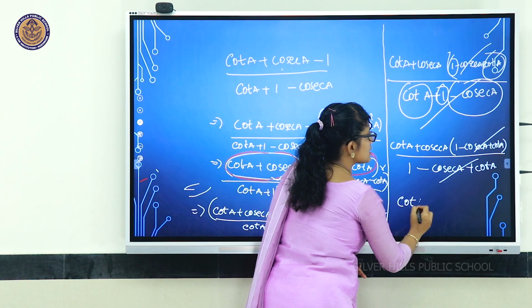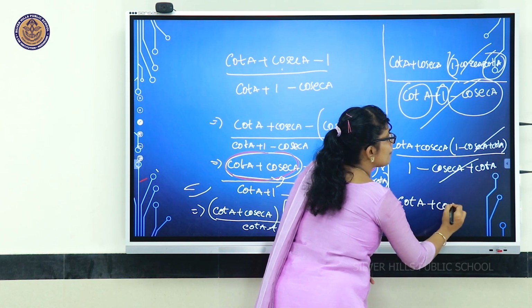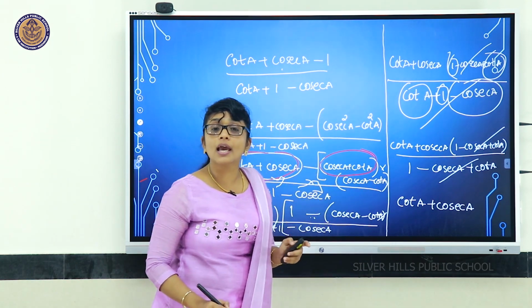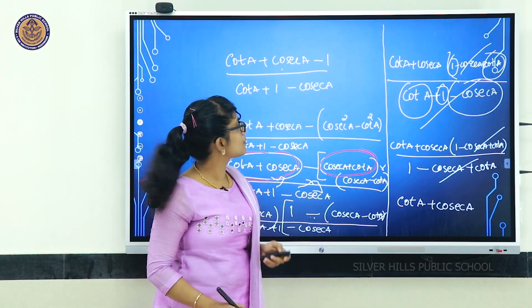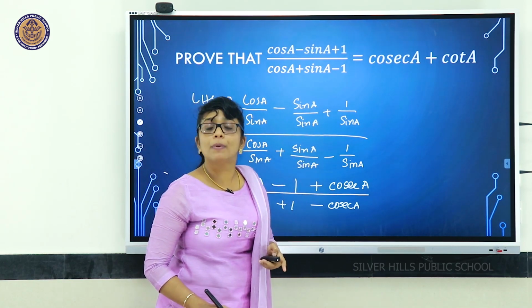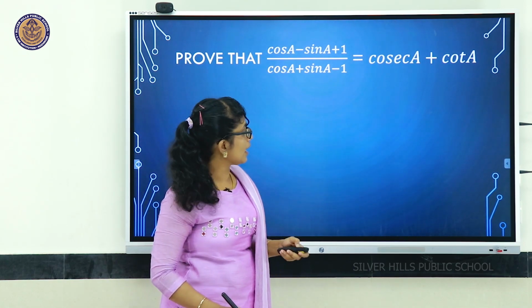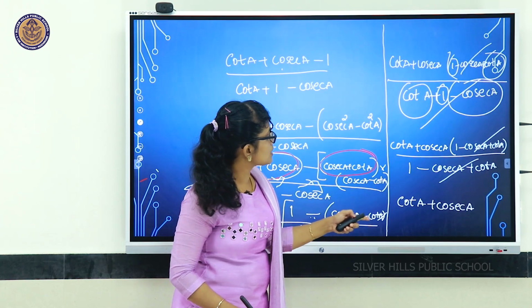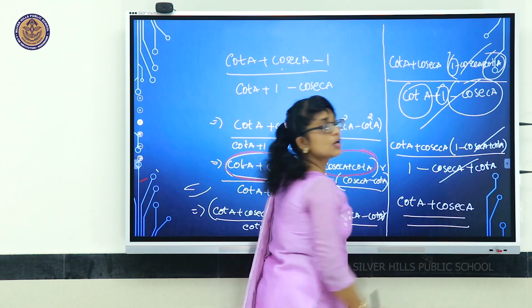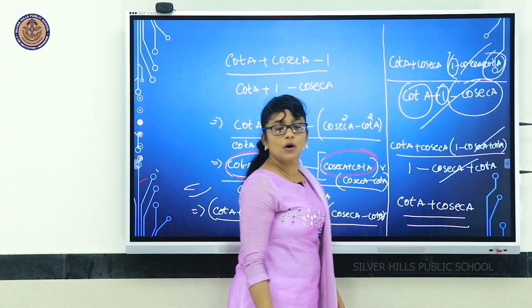So what is the answer? Cot A plus cosec A, or cosec A plus cot A. Let me check the RHS: cosec A plus cot A. What we proved here: cosec A plus cot A, or cot A plus cosec A.